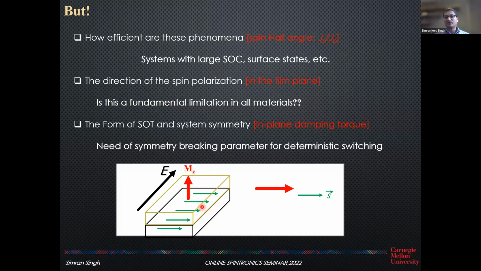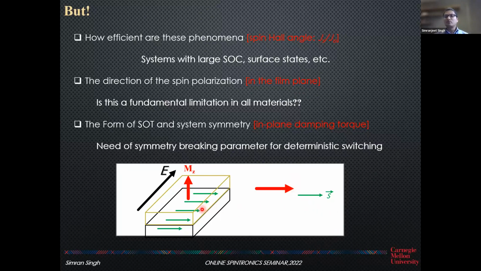If I apply an electric field in plane, it's going to generate spin polarization in plane, and this spin current puts a torque on the magnetization and will drag the magnetization in plane. From this point, the magnetization can go either up or down. It doesn't have any preference.